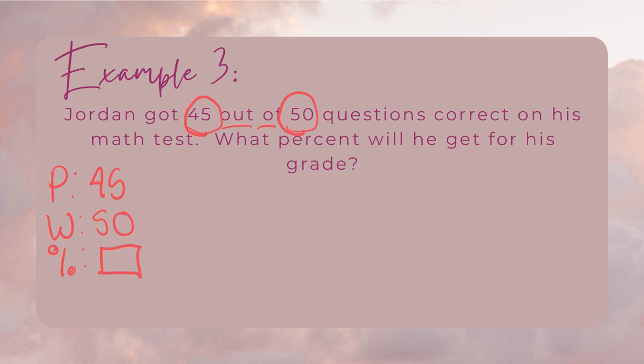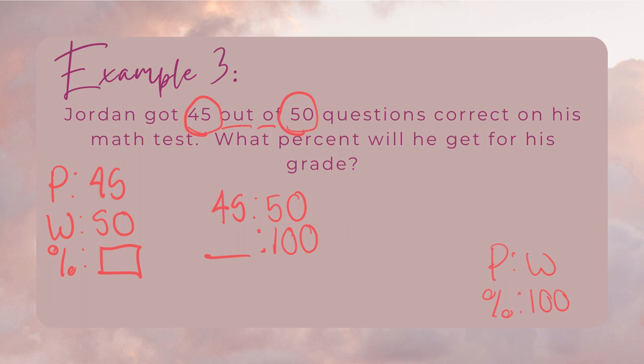So again, we're going to set up our part, whole, percent, 100 ratio. So let's see, our part was 45. Our whole was 50. We don't know the percent, but we do know percents are always out of 100.